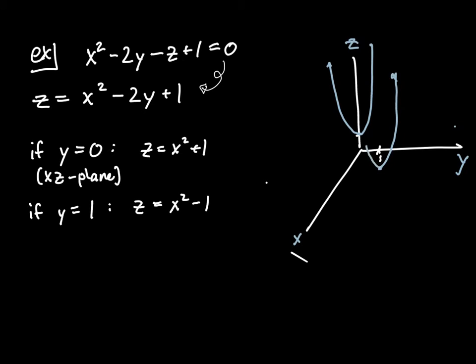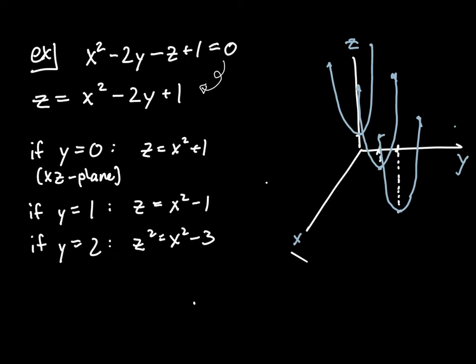But other than that, it's the same parabola. And again, let's go out one more in the unit of y. If y is equal to 2, then z is equal to x squared minus 3. So if I go out another unit in y, now I have to go down 3 units in z. And I get my parabola.